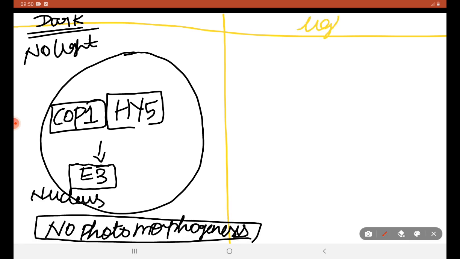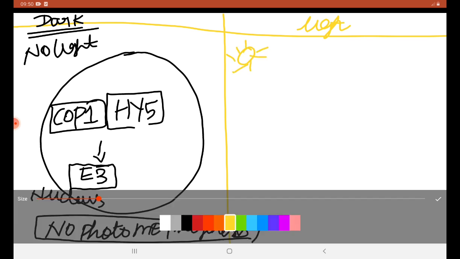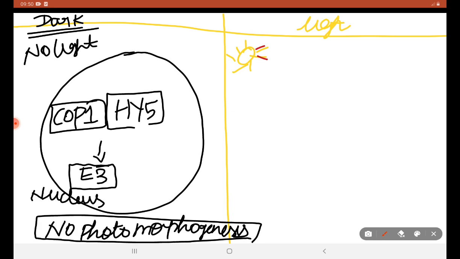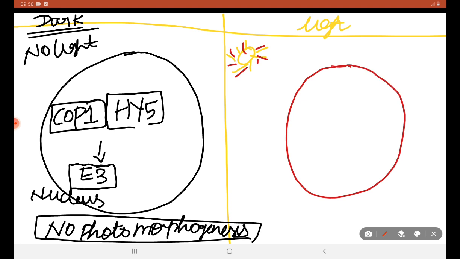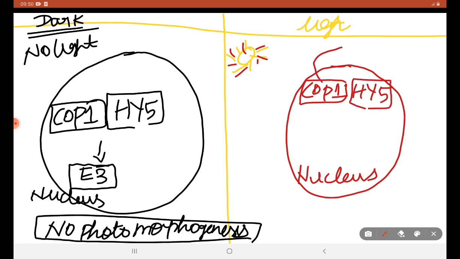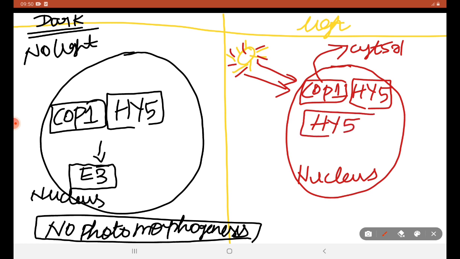When light is present, basically red light, consider it as a nucleus, with COP1 and HY5. This COP1 goes to the cytosol when it is light induced, and HY5 will undergo transcription.